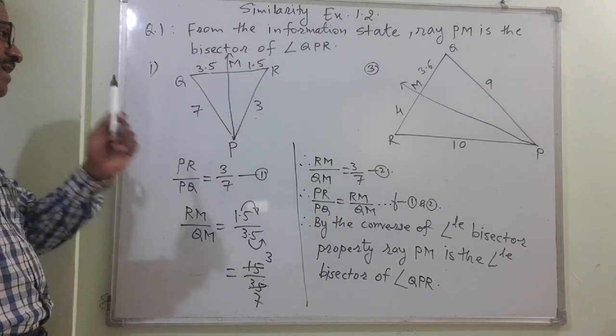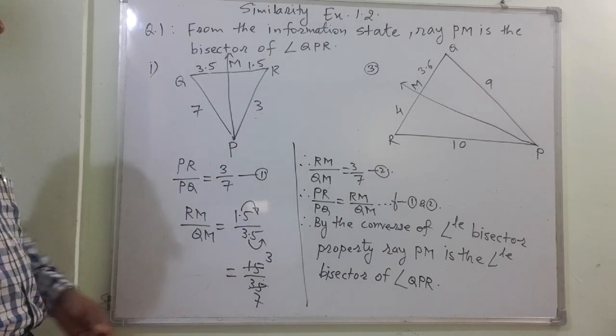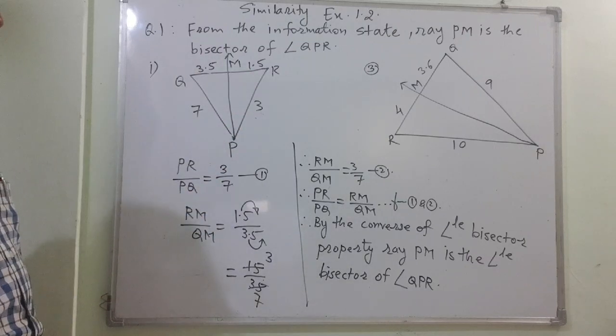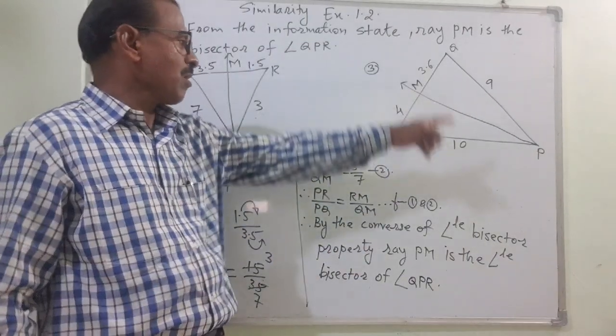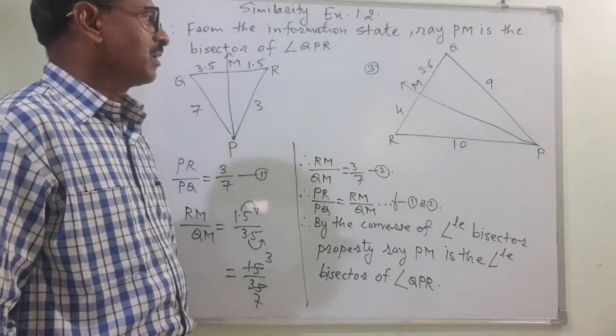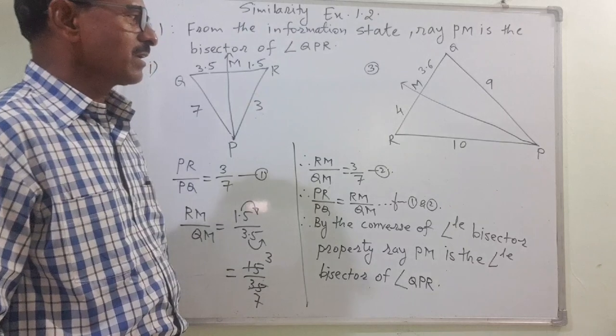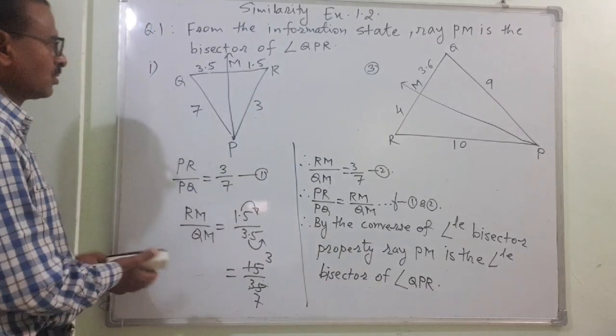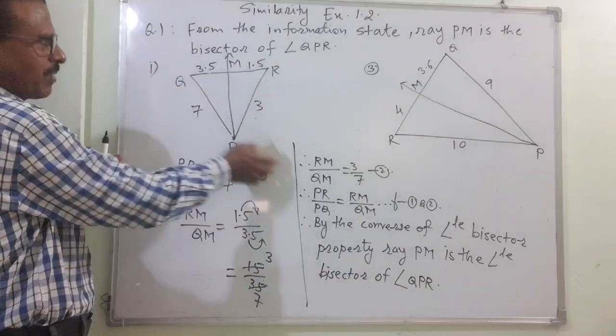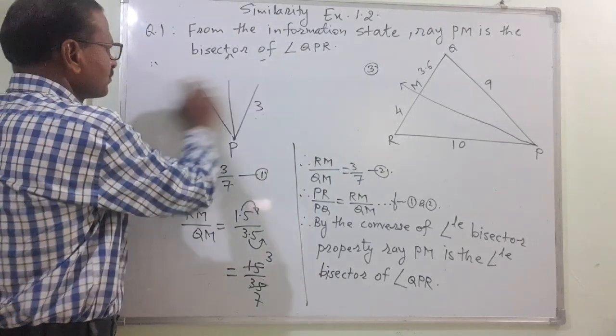Now from the same lines, I want to prove that. So ratio of PQ upon PR, then QM upon RM. That way I will take. So I will rub this and make a place for the third one.